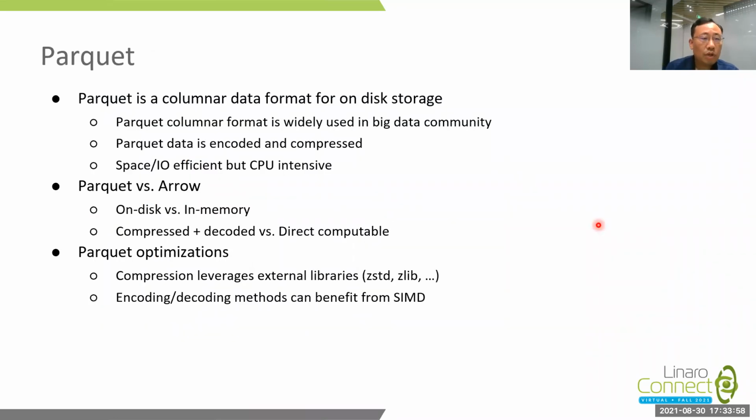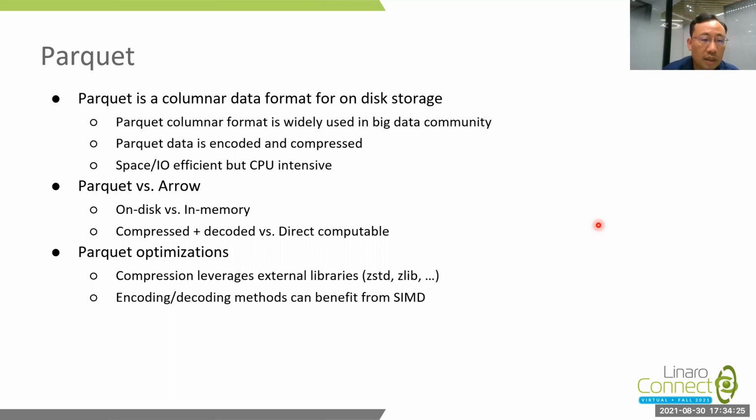Okay, now Parquet. Parquet is a columnar format for on-disk storage. Arrow is a columnar format for in-memory computations. The Arrow format is not suitable for on-disk storage because for disk storage we need a space and I/O efficient format, but the Arrow in-memory format is not suitable for this.